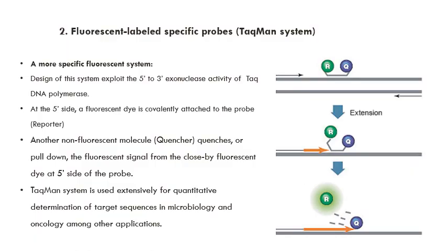The other type of fluorescence system is the TaqMan system. As we said, you will need a reporter, and there is a quencher. The reporter will covalently bind to the 5' side, and the quencher will be added on the other side. It's just like pulling down the reporter.